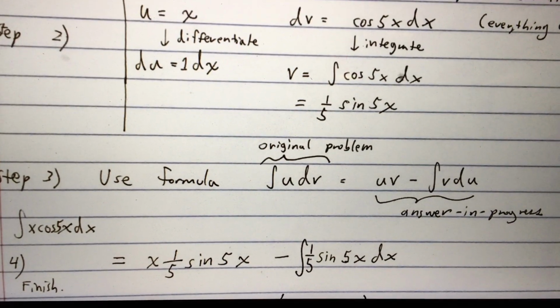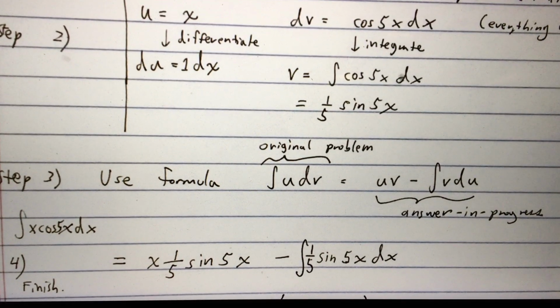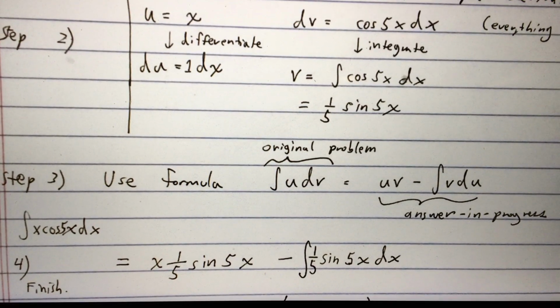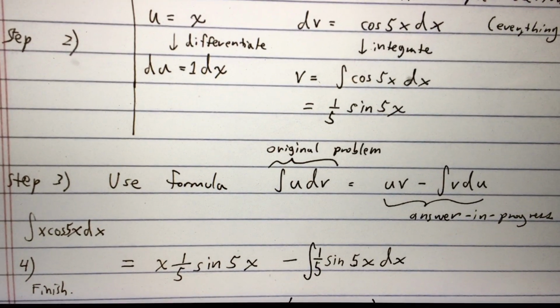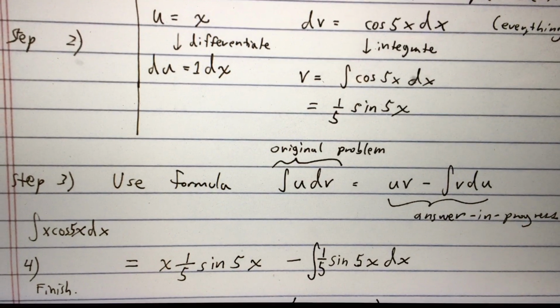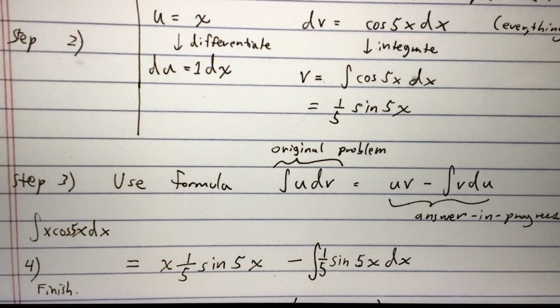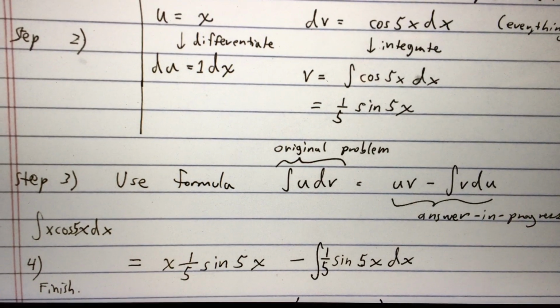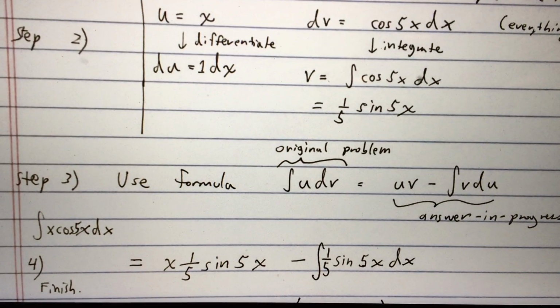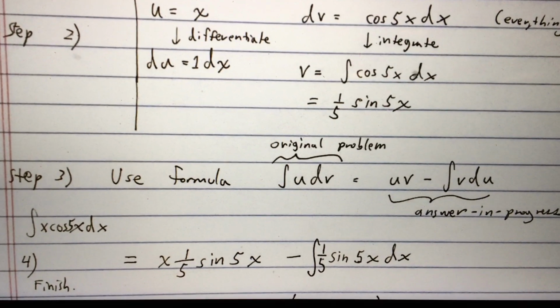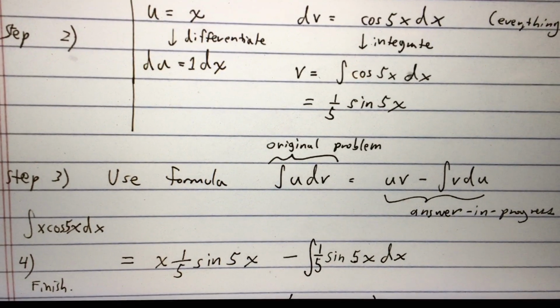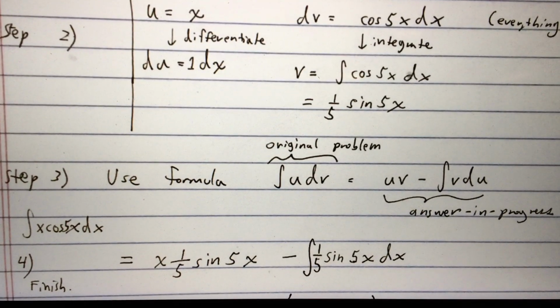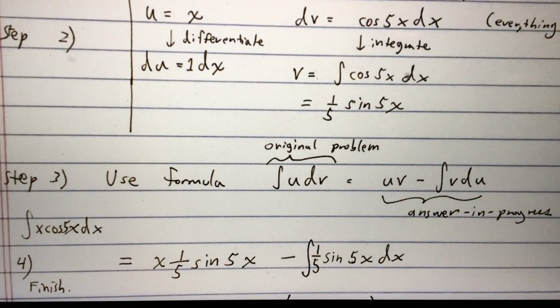So that's the answer: the two original functions that we did the product rule on, in order to get the problem, minus the mismatch of the two functions, the copy of v and the derivative of u. So that's my answer, although it's not finished. It's an answer in progress because I need to finish that last integral.